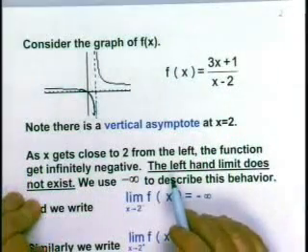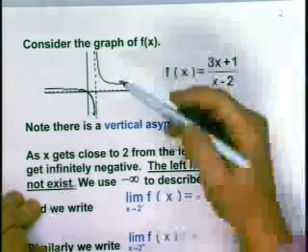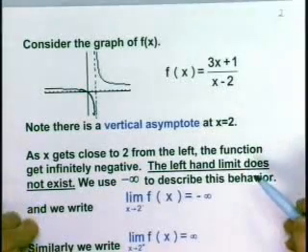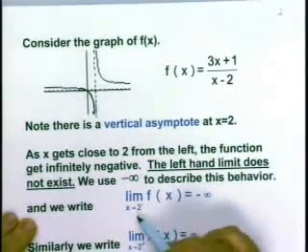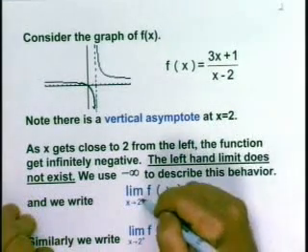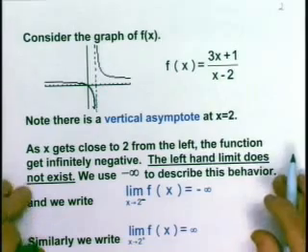The left-hand limit does not exist because of this behavior, but we can use negative infinity to describe it, and we can write the limit as x approaches 2 from the left of f(x) is equal to negative infinity.